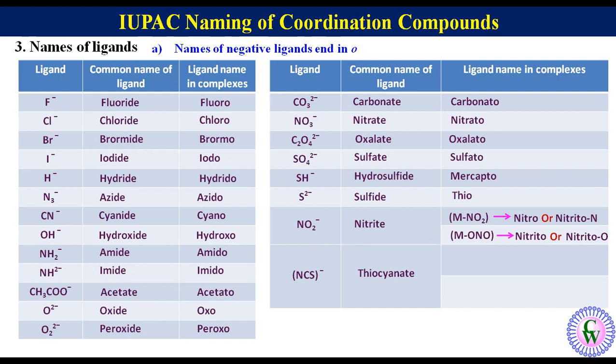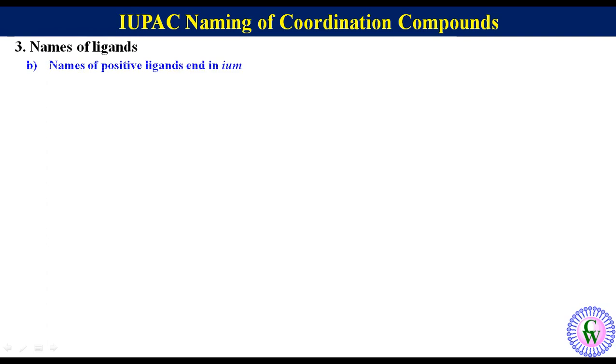Similarly, thiocyanate can link to the metal either through sulfur or through nitrogen. If it is linked through sulfur, then it is called thiocyanato or thiocyanato-S. And if it is linked through nitrogen, then it is called isothiocyanato or thiocyanato-N.